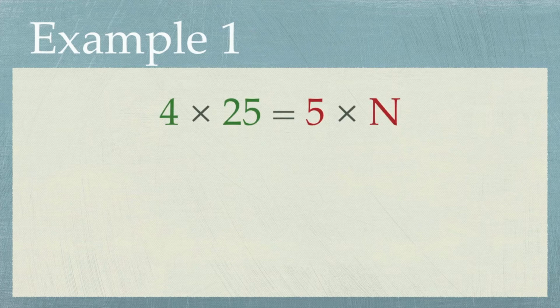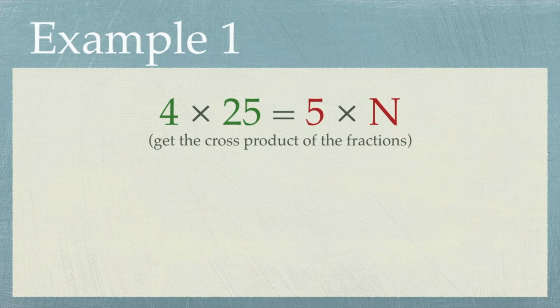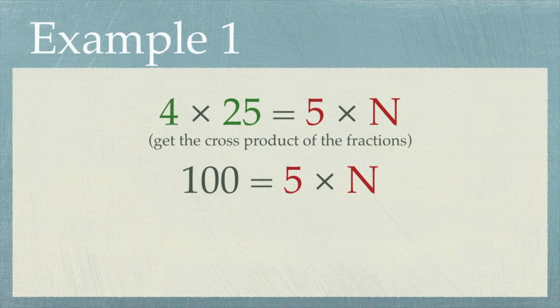Get the cross product of the fractions, that is what you did. 4 times 25 equals 100. And then equals 5 times n, since we cannot multiply 5 by n since n doesn't have a value yet. We will find its value. So just write 100 equals 5 times n.